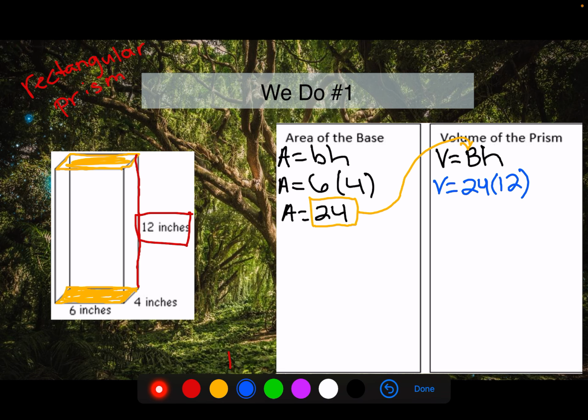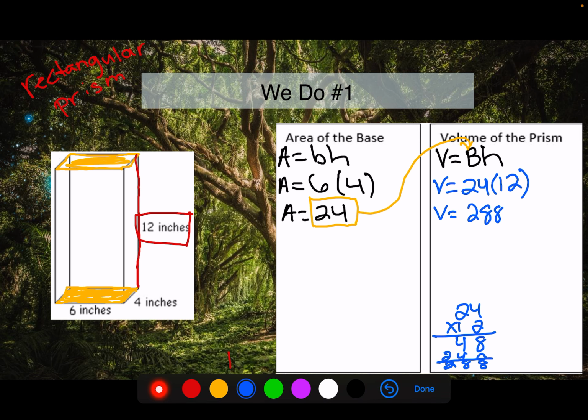So now we can go ahead and solve that, and you would have V equals whatever you get for 24 times 12. So go ahead and solve that. So you should have got 288.